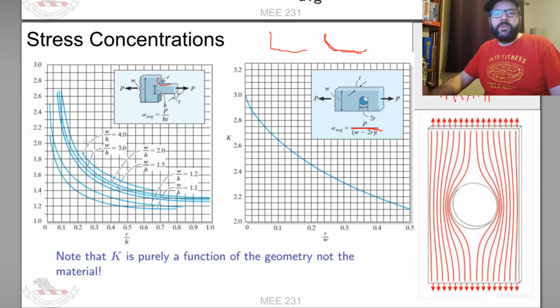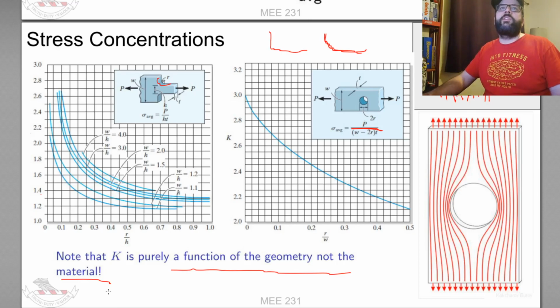One thing to note is that the stress concentration factor is purely a function of geometry; it doesn't matter the material. As long as the material is still a homogeneous isotropic material, as long as its Young's modulus is the same in all directions, and there are no gaps or voids and so forth, then this situation still occurs.